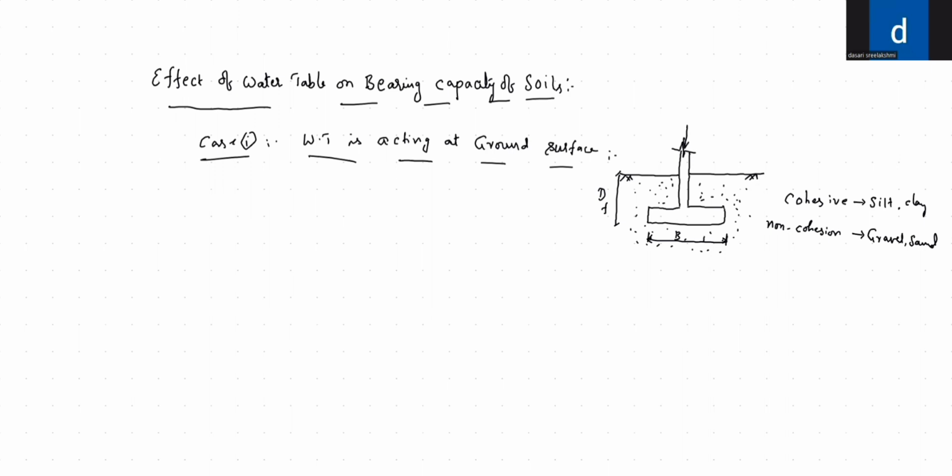Regarding the ground surface case, the water table is acting at the ground surface. This is the ground surface, and this is the groundwater table. In this case, we will take a strip footing.